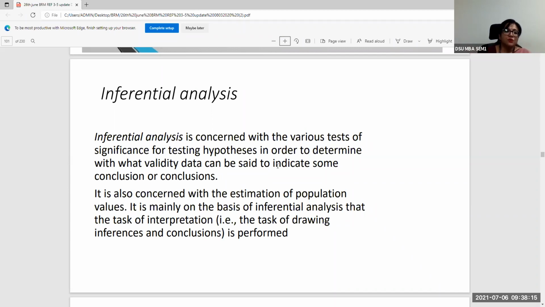So it is concerned with the estimation of population values. Normally the parameters in a population, if you are not able to study the population, do a census or have a complete understanding of the population, normally we will use a sample, a few members out of the population. So when we are measuring certain characteristics in the sample, that is in the form of statistics.